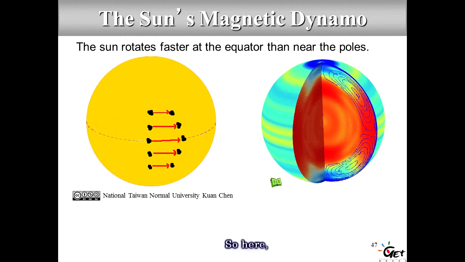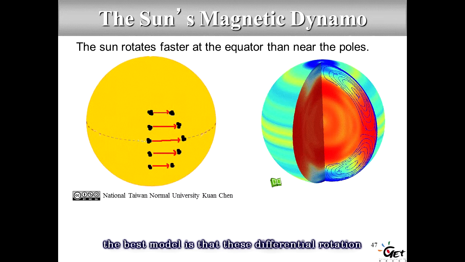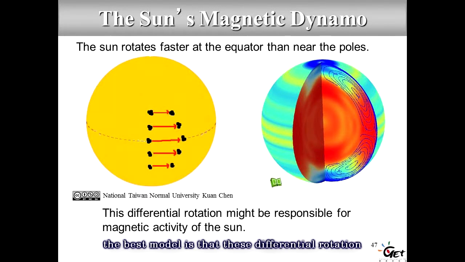Okay? So here you have faster rotation than on the pole. So it's creating a differential rotation. If you look at sunspots, for instance, those sunspots will move faster in that direction than the sunspots there. And now our best model and scenario is that this differential rotation is responsible for the magnetic activity of the sun.